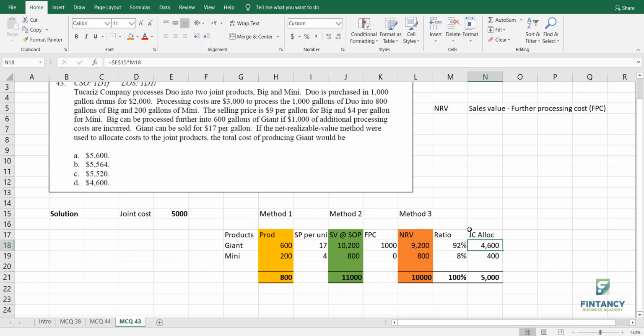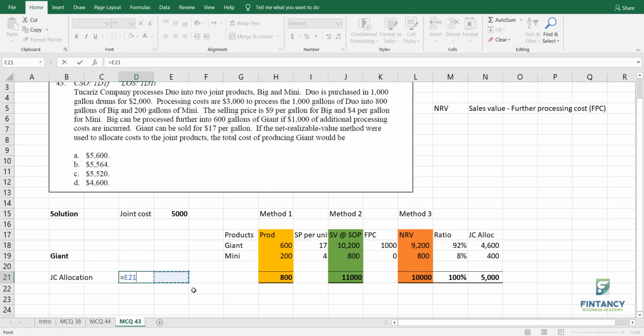Okay. So what I will say here, for example, for joint, how much is the joint cost allocation? That is 4,600. How much is the incremental cost, further processing cost? That is also to produce joint or not?